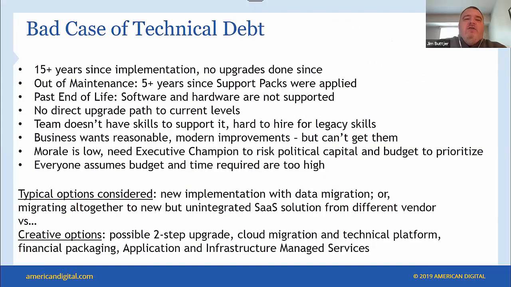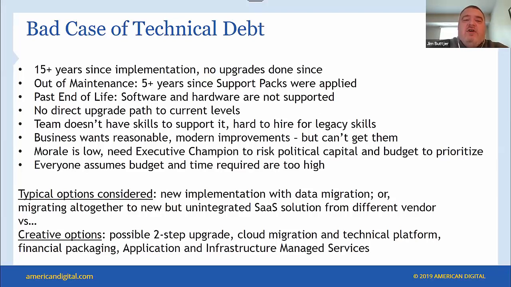So as an example here, let's say it's been 15, 20 years since you implemented. Maybe you did support packages for 10 years. You're on old hardware. The vendor doesn't make that model anymore. You probably can't get parts. Software is out of date. People don't remember how to make changes or to apply software changes and how to run that type of project.